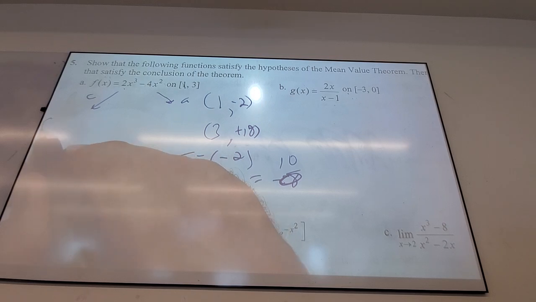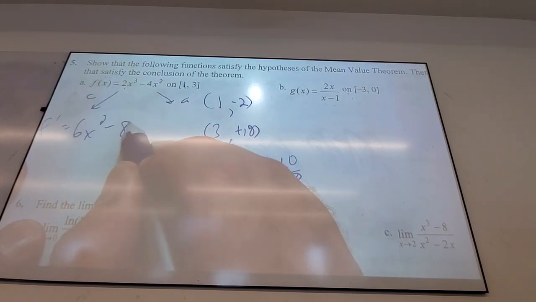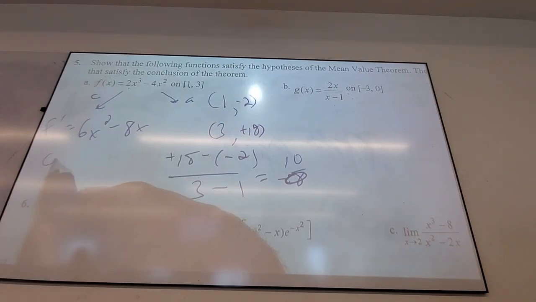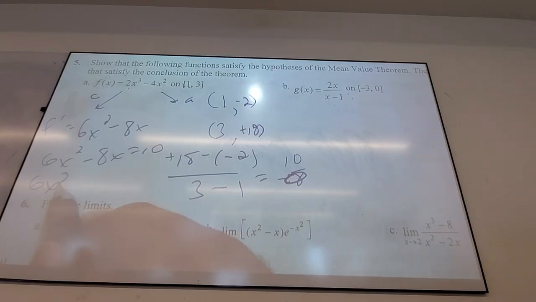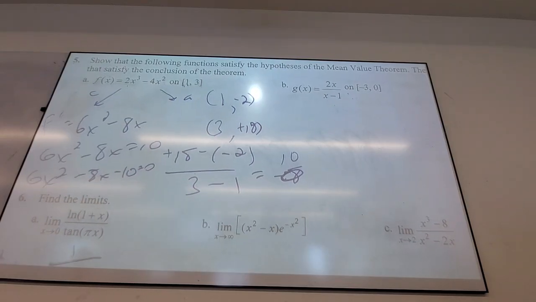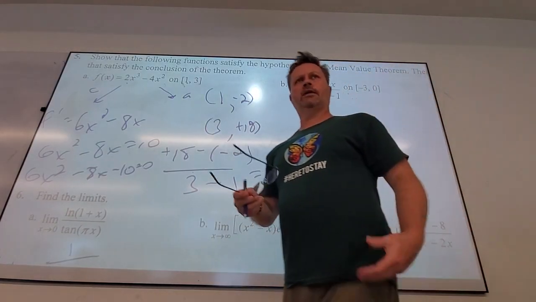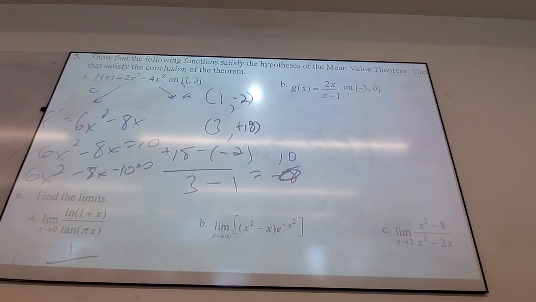The derivative comes out to be, this one's easy, so I'll just do it, 6x squared minus 8x. And then when you set those two equal to each other, you have to bring the 10 over. You can divide by 2, and then you get something you can't factor, so you just have to use the quadratic formula. When you use the quadratic formula, how many answers do you get?